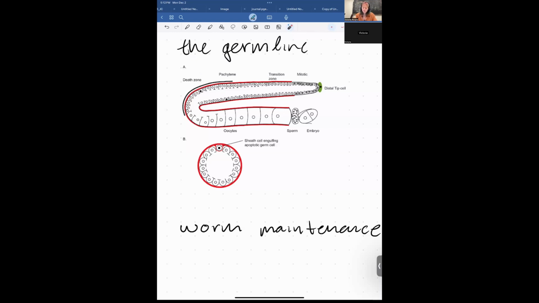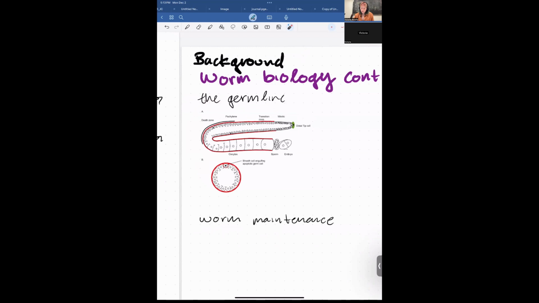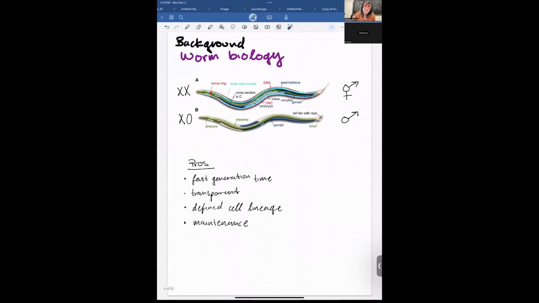And they have this really interesting germline morphology where the germline itself, there's two arms, and they kind of look like I have my arms right now, where these are the distal tips, and then each of them bends. And then I'll show you on the whole worm diagram where each germline is here.